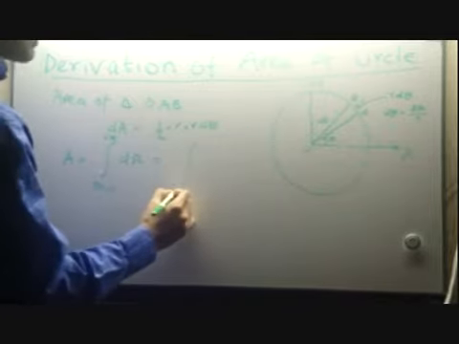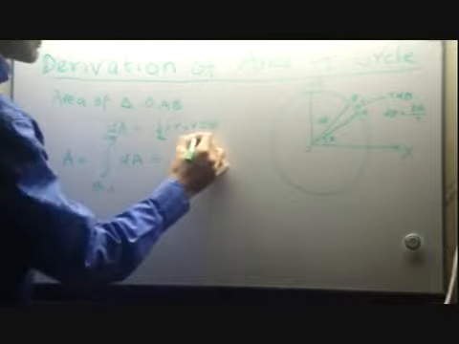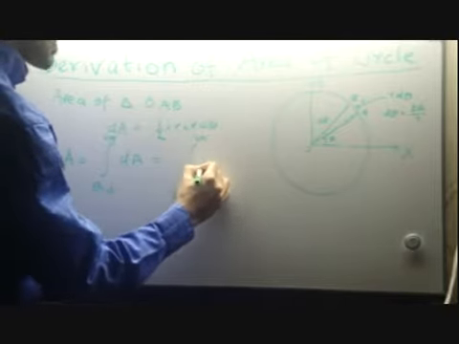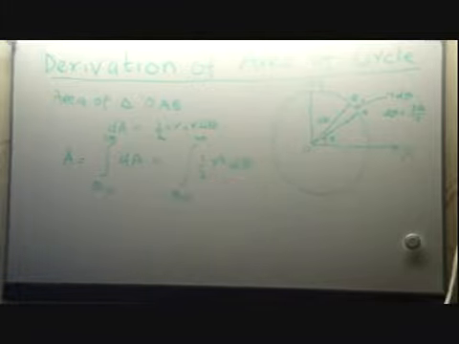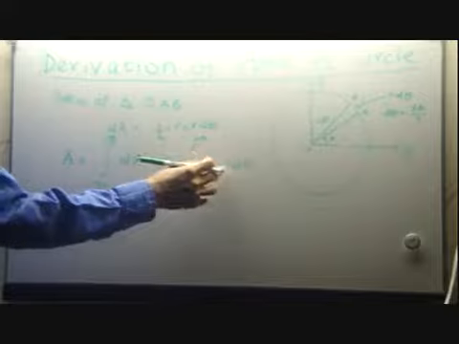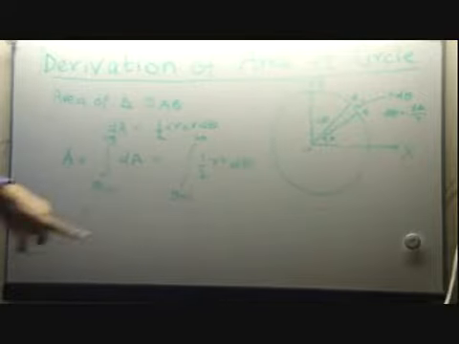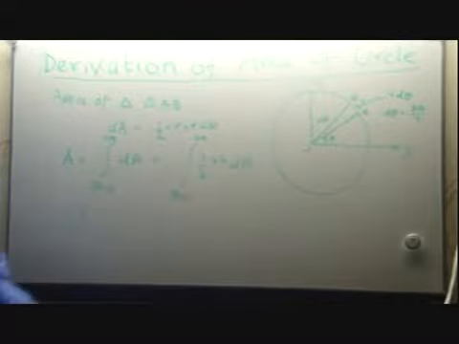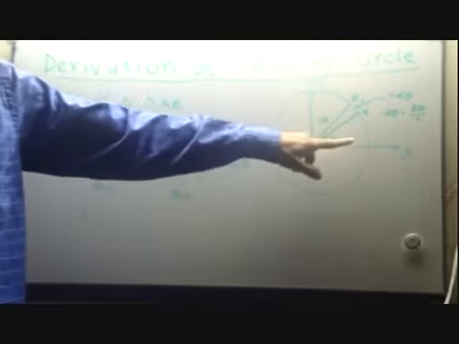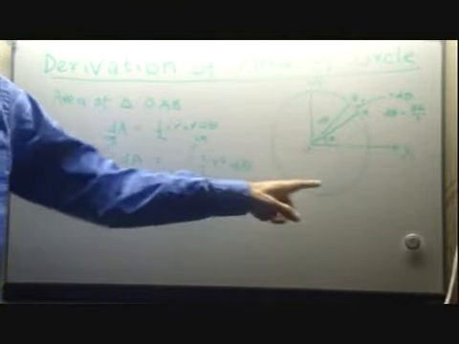Substituting the value of dA, we get the integral from theta equal to 0 to 2 pi of half r square d theta. This r square is a constant, so we can take it out. In this particular case, r is not depending upon theta, r stays constant no matter what the value of theta is, whether theta is 0, pi by 4, pi by 2 or any other value.